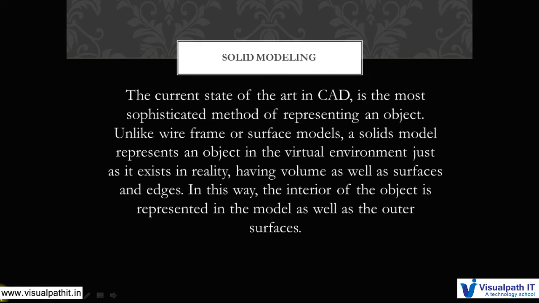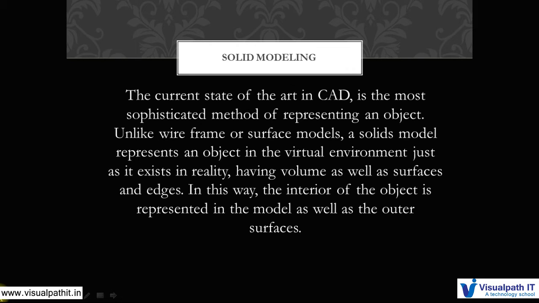Solid modeling, the current state of the art in CAD, is the most sophisticated method of representing an object. Unlike wireframe or surfaces, the solid model represents an object in a virtual environment just as it exists in reality, having volume as well as surfaces and edges.